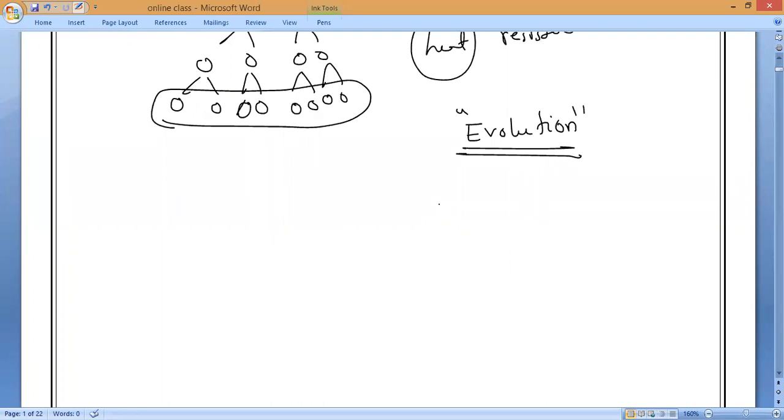The scientist called Gregor Mendel is the first scientist who made a systematic study of heredity. How heredity takes place, he explained with the help of plants. So what's his name?